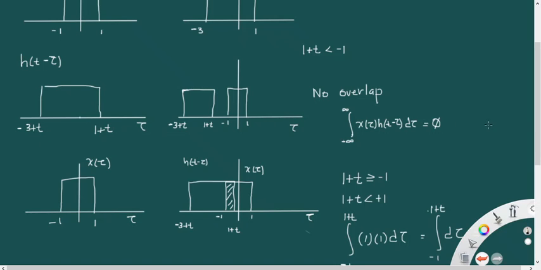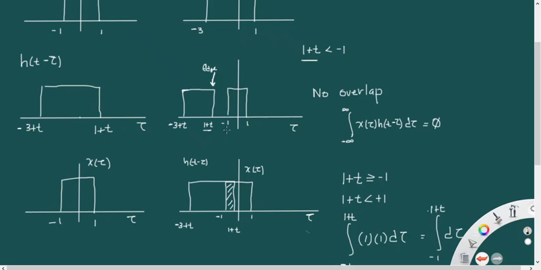So if we have here this first example, let's suppose that we have the 1 plus t. The 1 plus t is the edge in the front, this one. This is the edge of the front. And this edge of the front is 1 plus t. So let's suppose that this 1 plus t is less than minus 1. What does that mean?